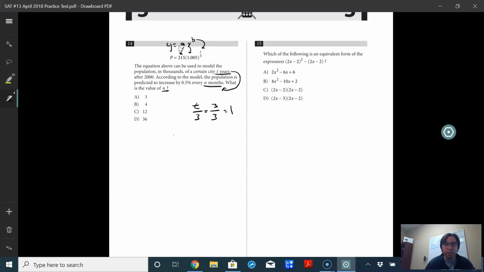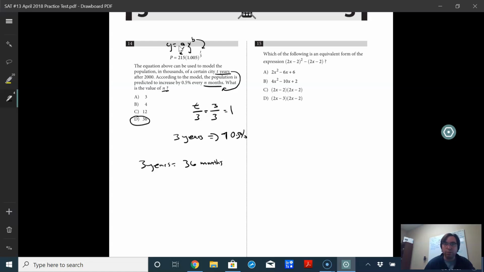So if it takes 3 years for the population to go up 0.5%, then 3 years is going to be equivalent to 36 months. So if you chose A as the answer choice, then you were correct mostly in your assessment. However, you factored in years and not months, and so the answer choice should have been D instead.